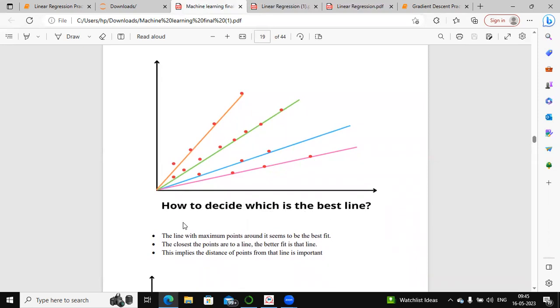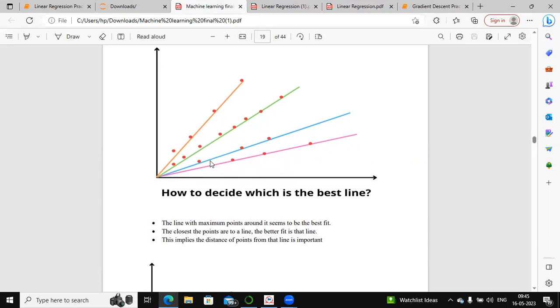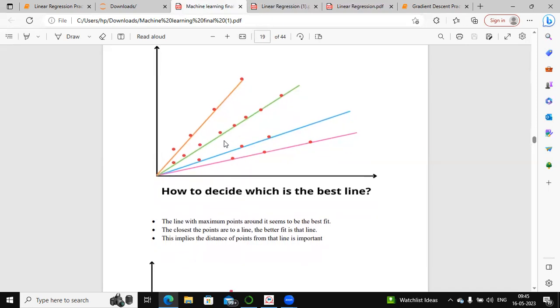Note this: the line with the maximum points around it seems to be the best fit. Taking this line, 3 points are covered above and 6 below, so it covers the most points. So the green one looks the best from this figure.